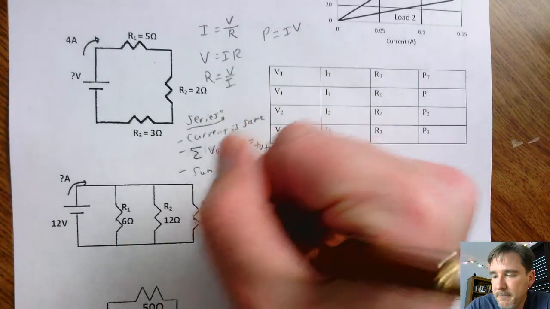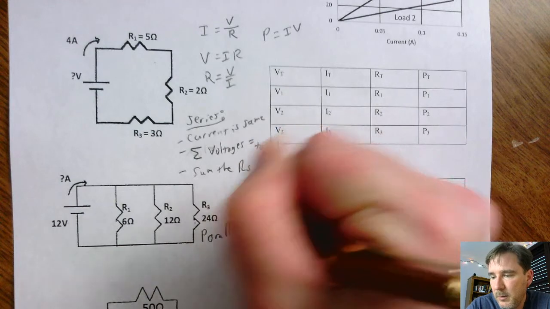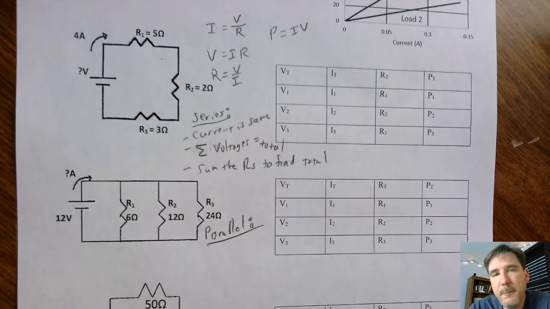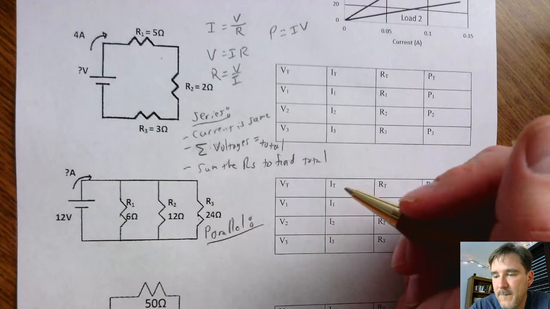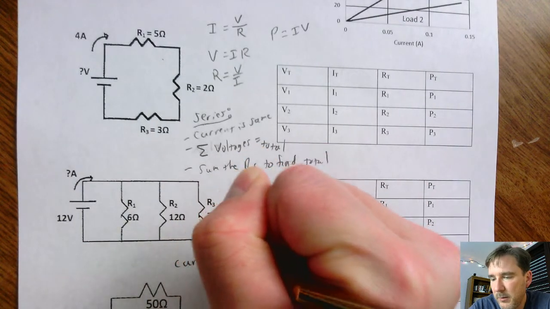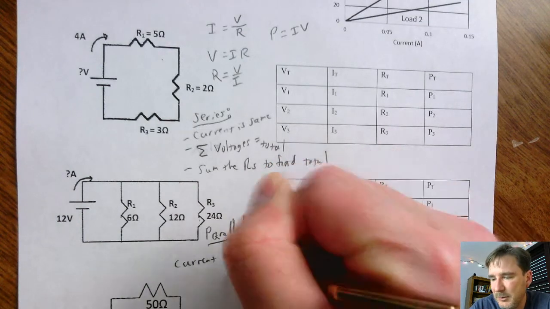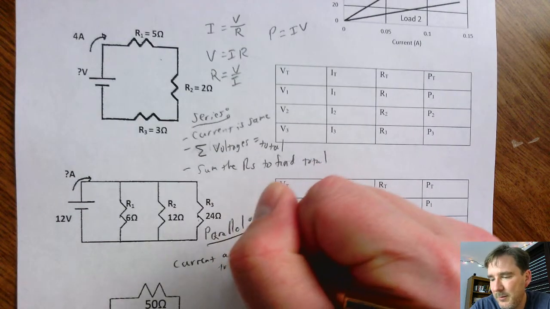For a parallel circuit, the rules are slightly different, where the current adds up to the total.